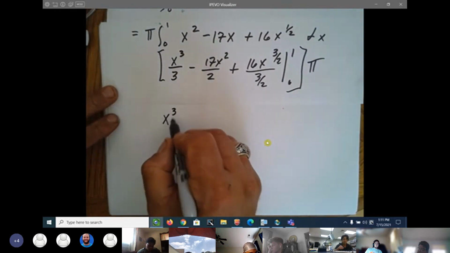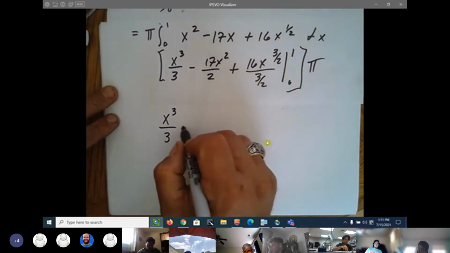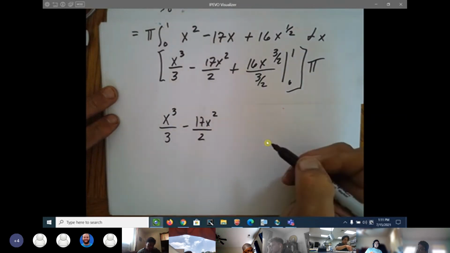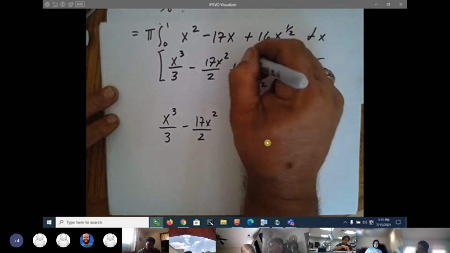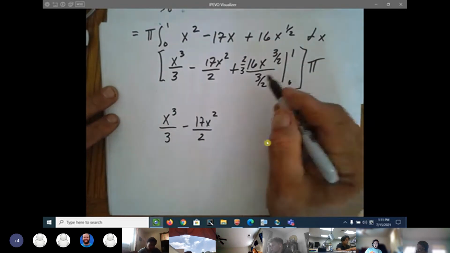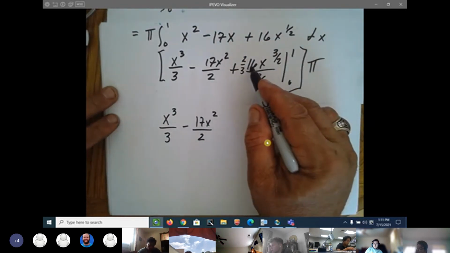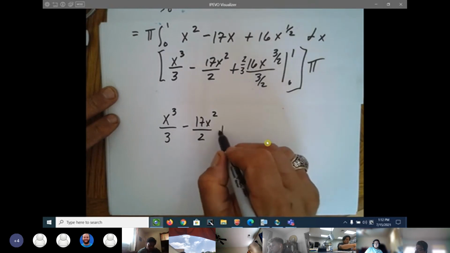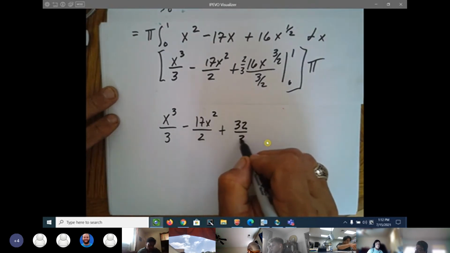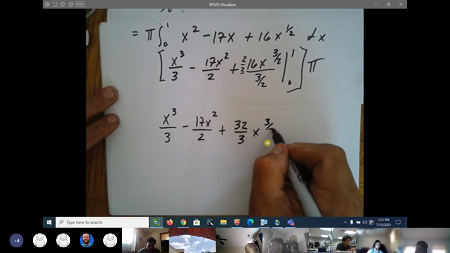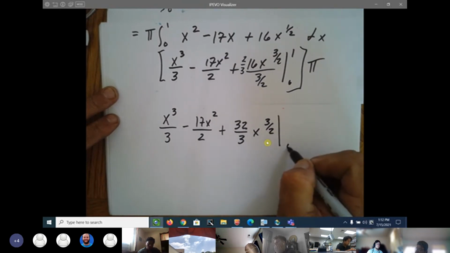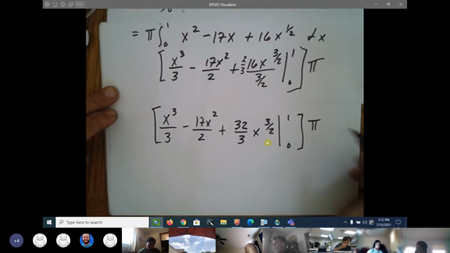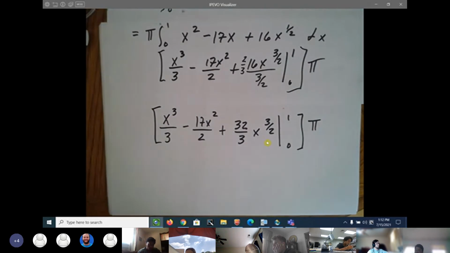X cubed over 3 minus 17x squared over 2. 16 divided by 3/2 is going to be 32 over 3. Somebody check my math, please. And we all know what happens to the 0.